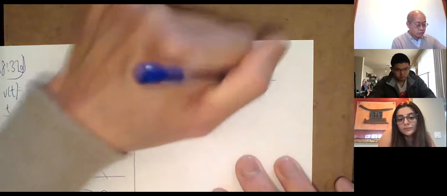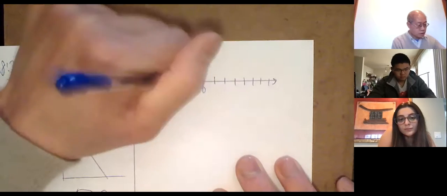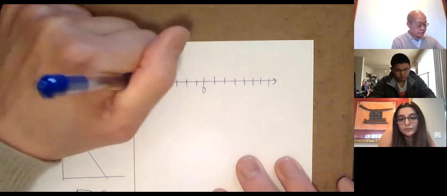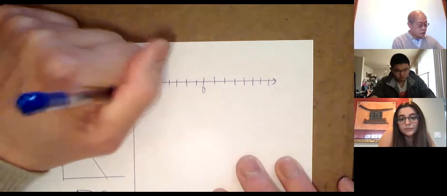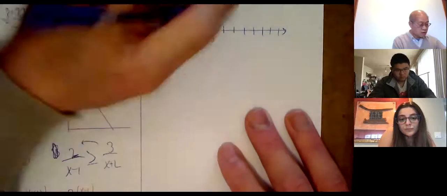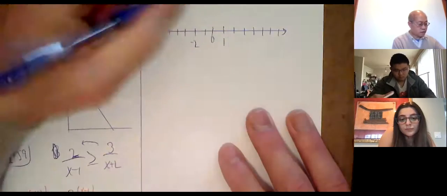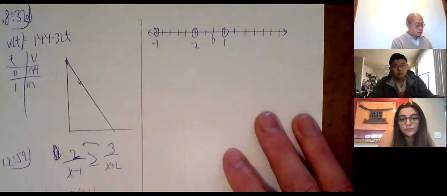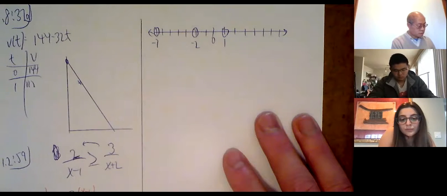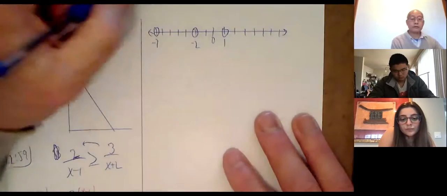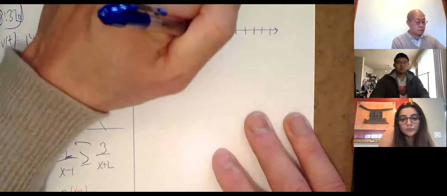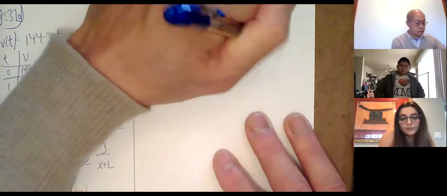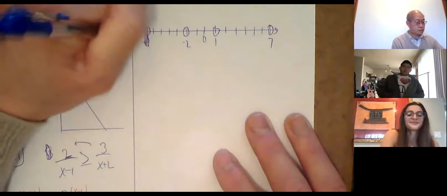Negative 2, positive 1, and positive 7 on the number line.